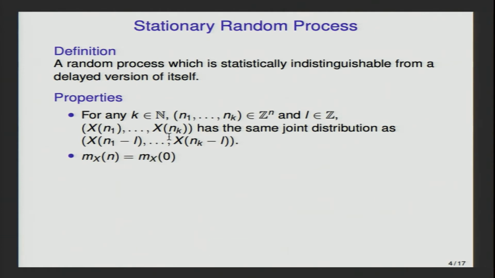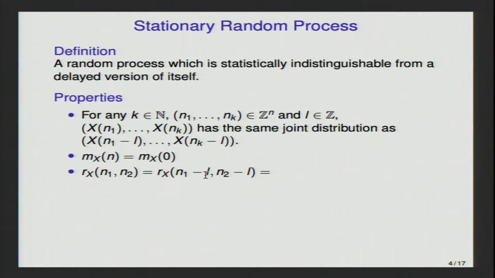More specifically, for such a stationary process, the mean will remain constant over time, and since it is constant, it is the mean at the 0 index. Extending this to autocorrelation, in a stationary process it is not time dependent, it only depends on the time difference. Here L is the lag.